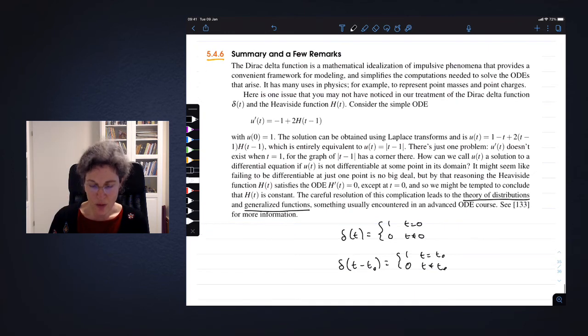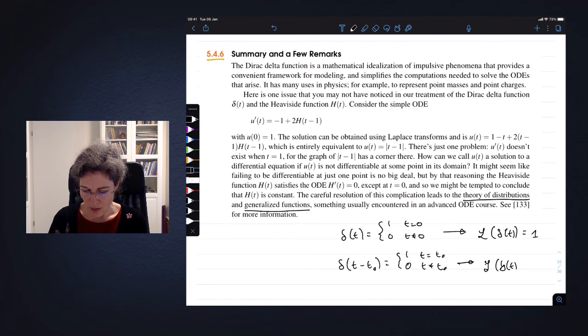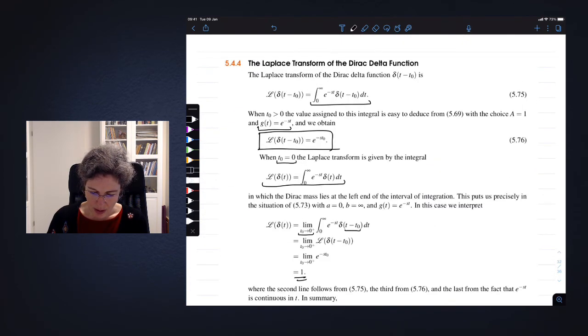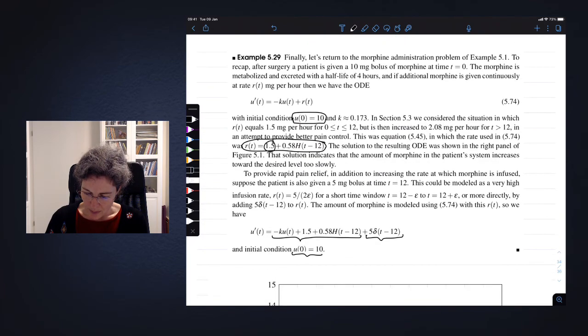So that's the piecewise definition. And you also need to know the Laplace transform, which we worked out, of the Dirac delta, which was equal to 1, and of the shifted Dirac delta, that was equal to, and now I'm going to forget, it was e to the minus s t naught.